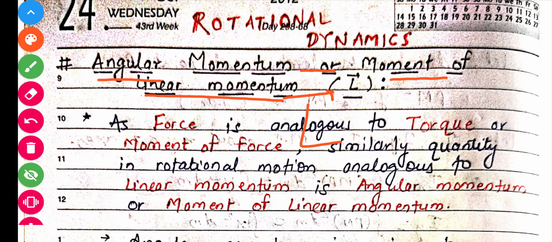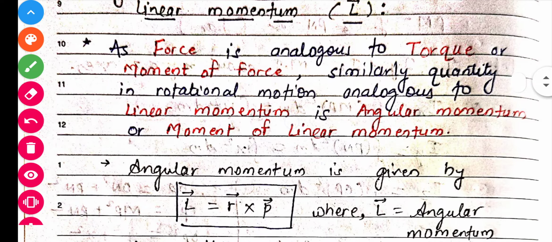So, what is that basically? Before starting that, we should know some basic things as we have discussed earlier. Two comparable quantities, or two similar, analogous quantities. One thing is force, another quantity is torque.